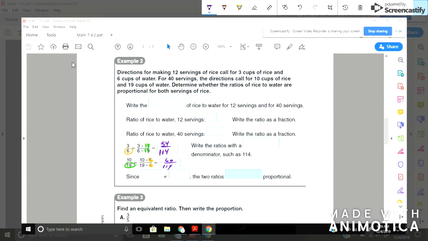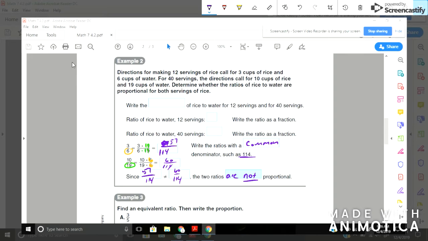Okay, so we wrote the ratios with a common denominator, 114, and then compare their top numbers. This is 57/114, and this is 60/114. So definitely not the same. Since 57/114 does not equal 60/114, the two ratios are not proportional. They're close, right? This is only 3 away.